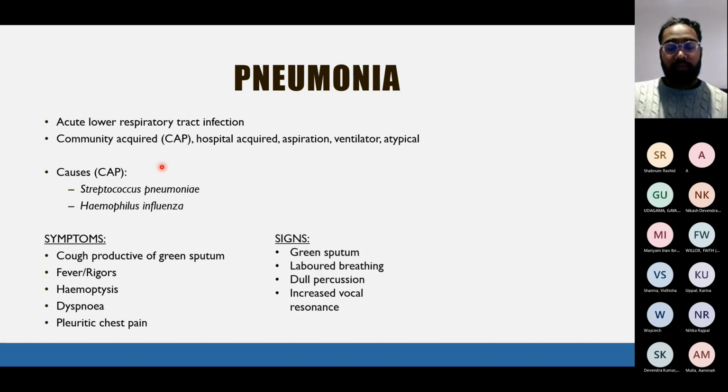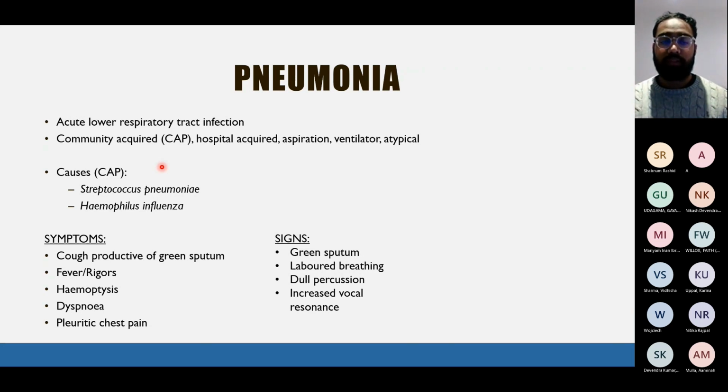Again, the signs that we can look for: someone using accessory muscles, labored breathing. And then in terms of the respiratory exam, you get dull percussion and increased vocal resonance. Increased vocal resonance because all of that sputum and pus and all of that nasty stuff is going to better conduct the sound.